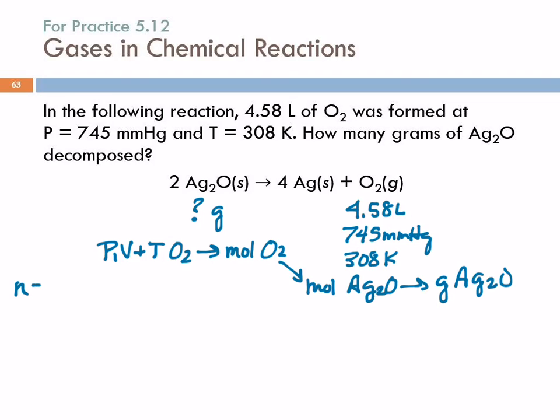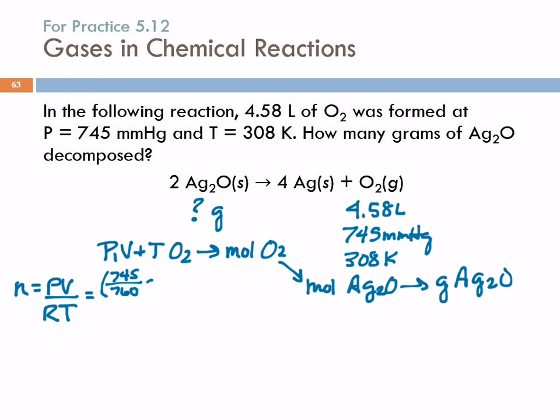So n equals PV over RT. That's just a rearrangement of the ideal gas law. Pressure is given in millimeters of mercury. Do you like putting the 760 in the whole equation, or would you rather I do it separately? In the equation? Okay. So I'm going to put the 745 over 760.